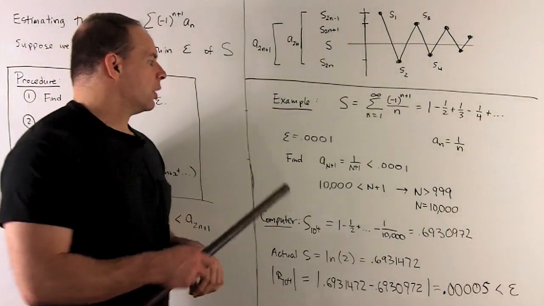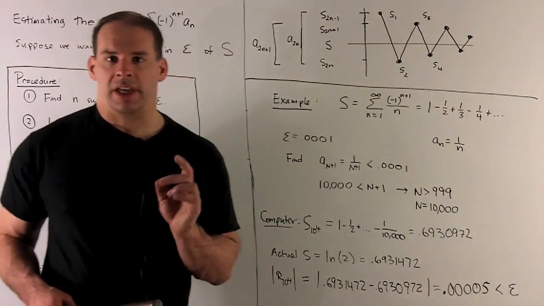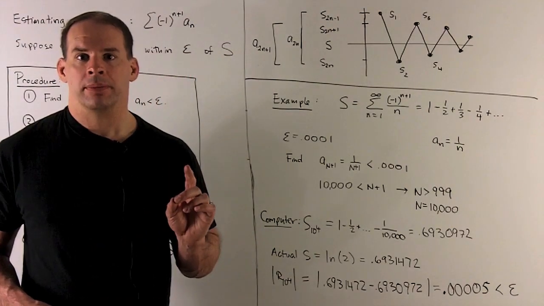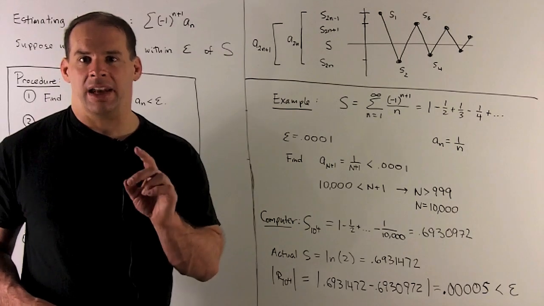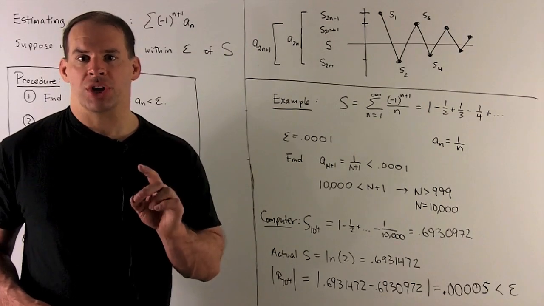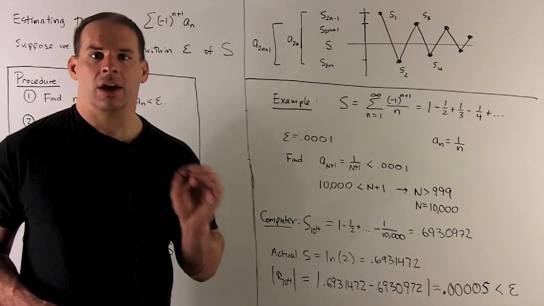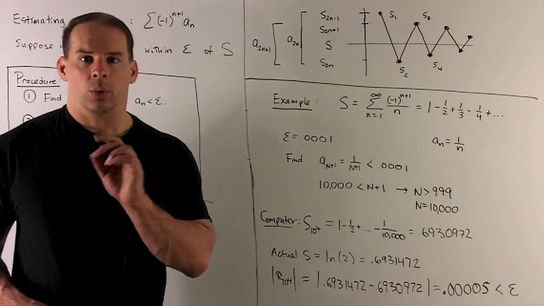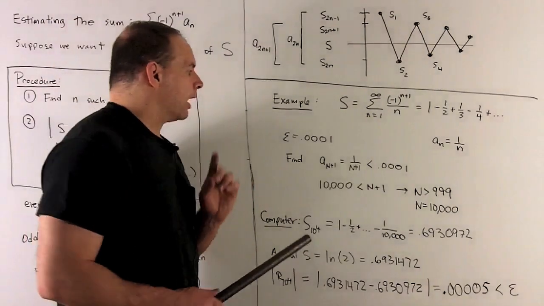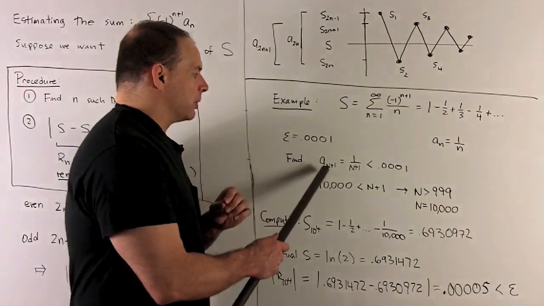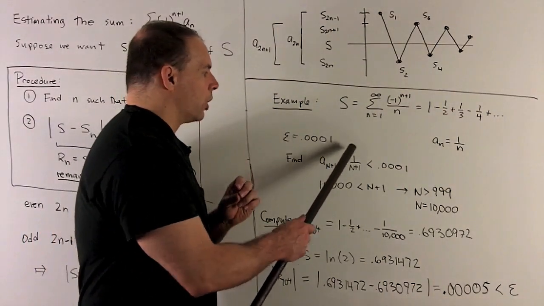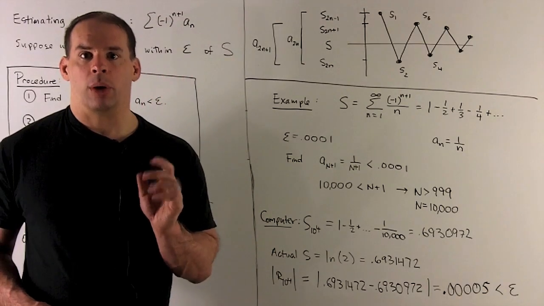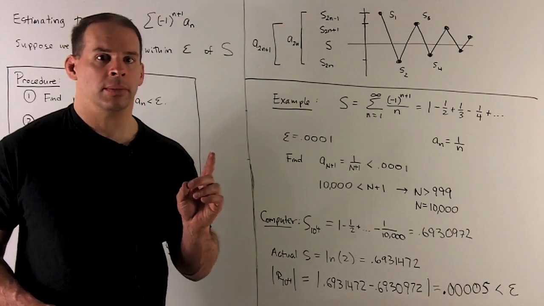Now, we're going to pick an epsilon, so I'll take 0.0001, 1 over 10,000. Then we want to find the n so that the nth partial sum is within epsilon of our actual sum. So we're looking for n such that a sub n plus 1, which is equal to 1 over n plus 1, is less than epsilon, or 0.0001.